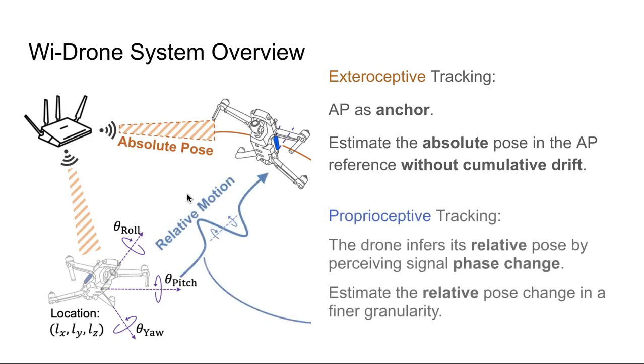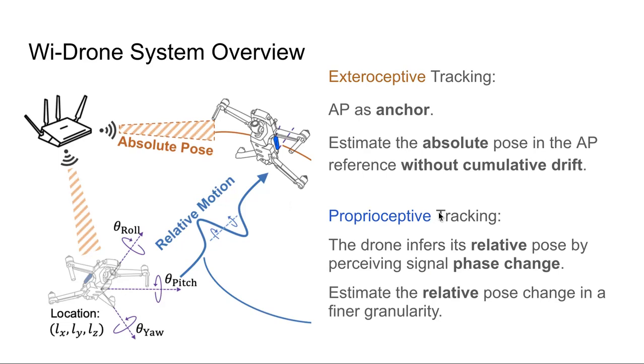Then the other component is proprioceptive check-in, which is also a fancy name for saying that the drone infers the relative pose by receiving signals from itself.